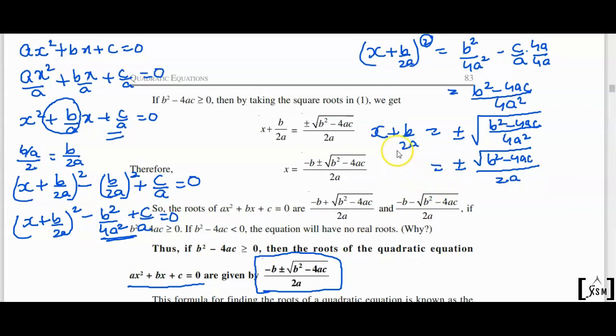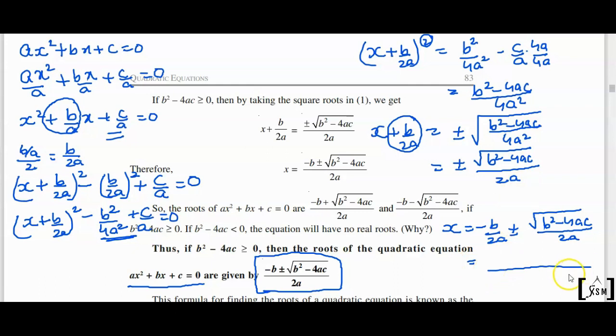And then this plus b over 2a we will bring to the right side. See how we get? It will become negative b over 2a. So negative b over 2a plus minus square root of b square minus 4ac all over 2a, right? And combining them, the same denominator is there.